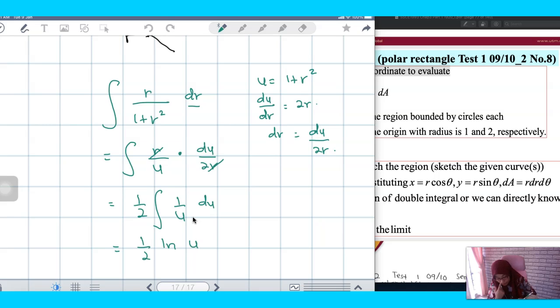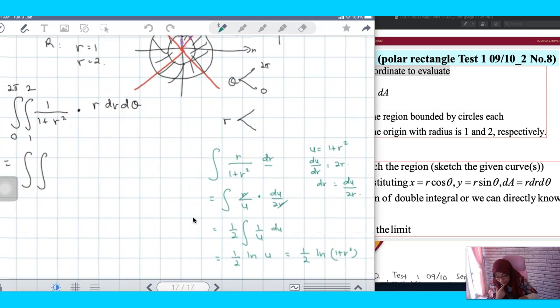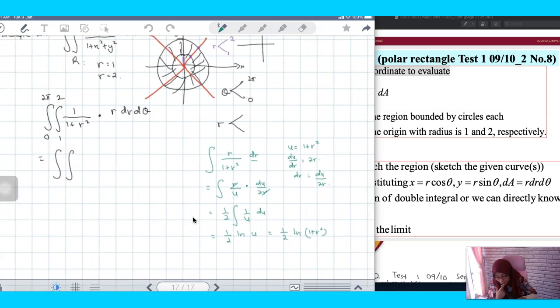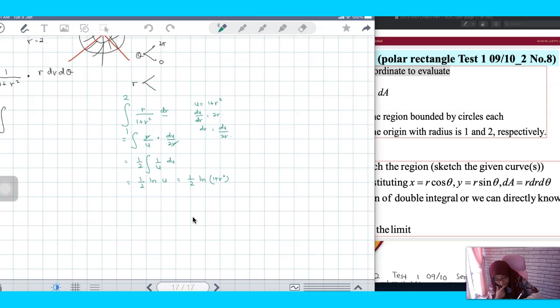So ln u, or in terms of r, ln of 1 plus r squared. What is the limit? The limit of r is 1 to 2, r equal to 1, r equal to 2.